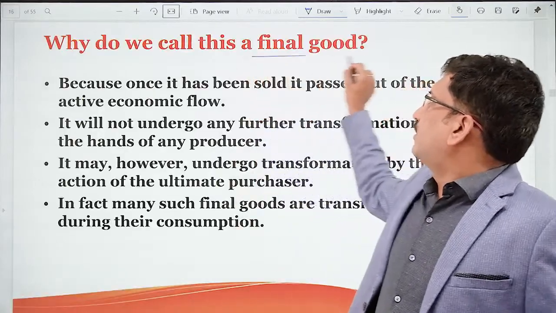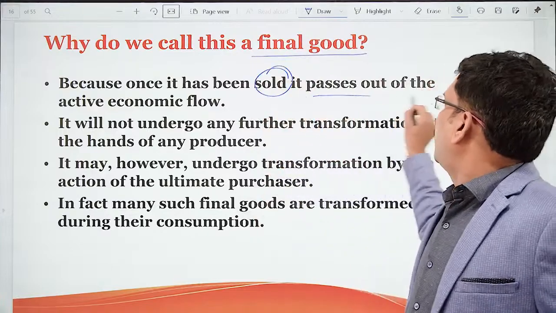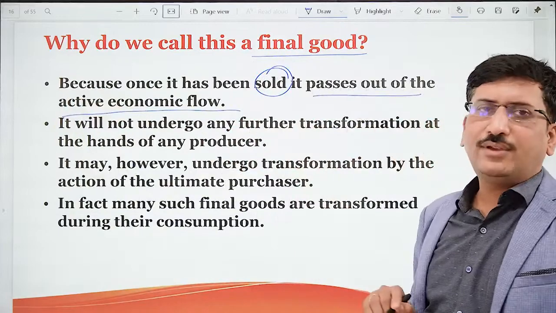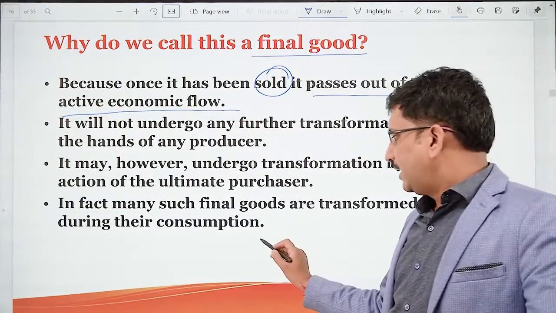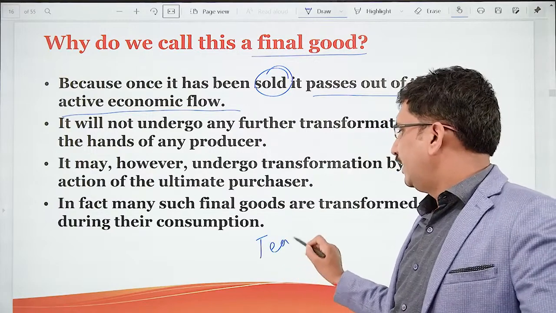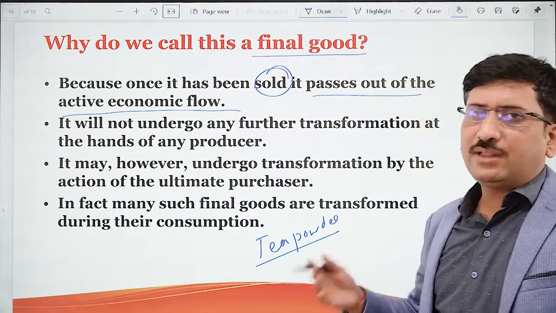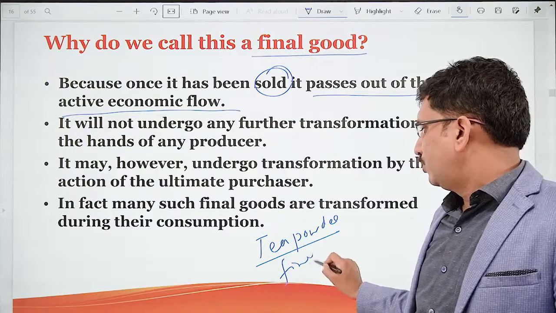So why do we call this a final good? Because once it has been sold, it passes out of the active economic flow. Okay. In a technical way, we'll understand what a final good is. See, I gave the example of tea powder. If tea powder is purchased for my family purpose, then this is the final good. Why, sir?